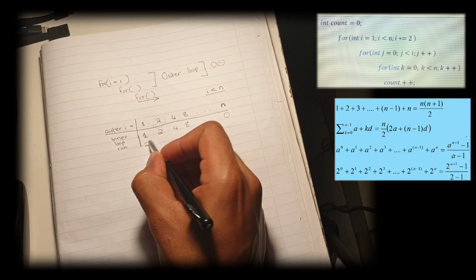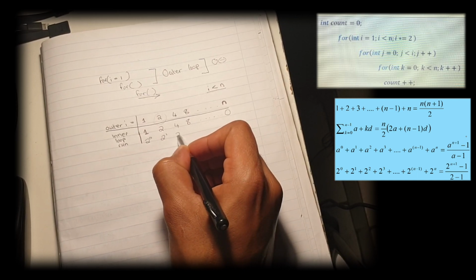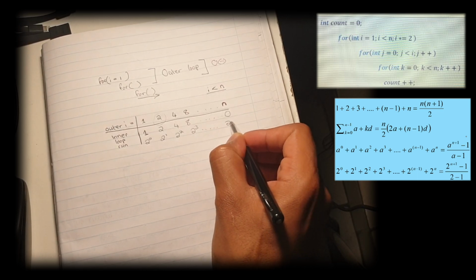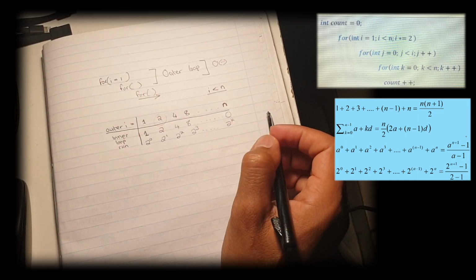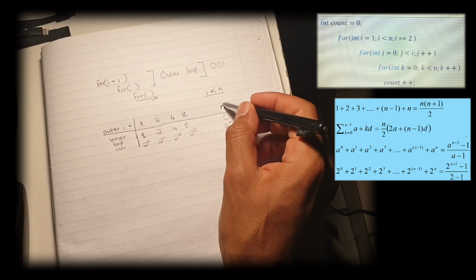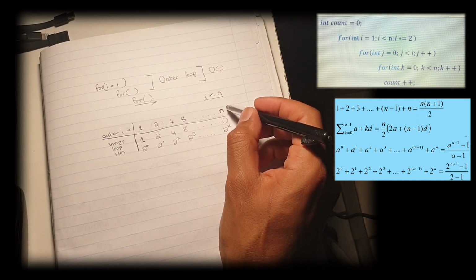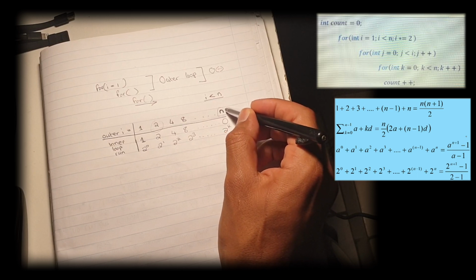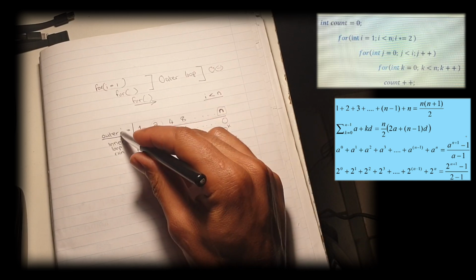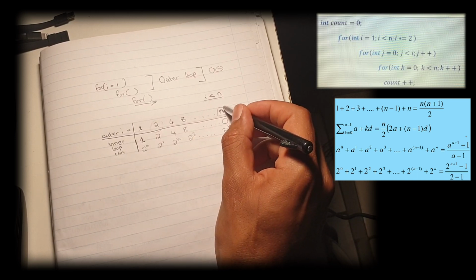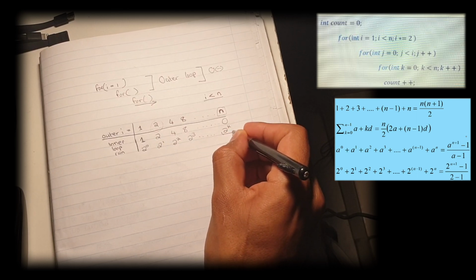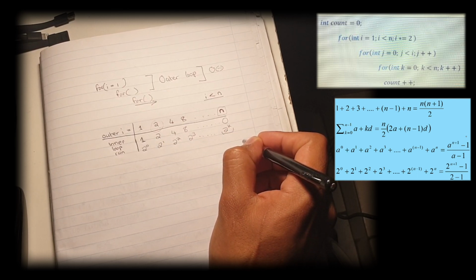We have 2 to the power of 0, 2 to the power of 1, 2 to the power of 2, 2 to the power of 3, and so on, up until 2 to the power of k, right? And we have a similar outcome. When we reach termination, when we reach the last value of i, which you said has an upper bound of n, we're going to have 2 to the power of k iterations, right?